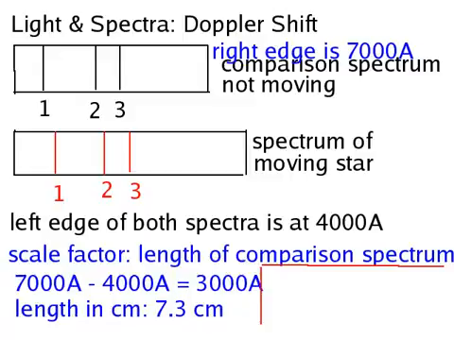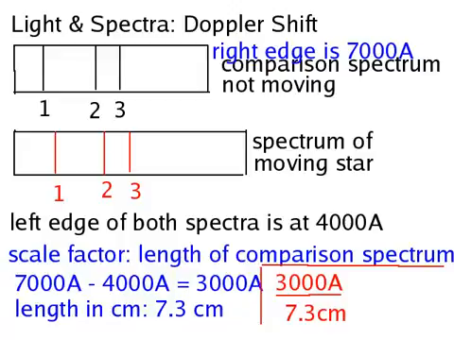The scale factor will be 3,000 angstroms divided by 7.3 centimeters. And again, you'll have different values because I'm just making these up and there are specific lengths in the book.